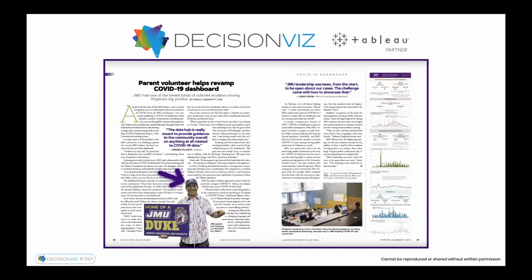They had a lot of data, right? There's a lot of information flowing in about COVID, and they have a lot of different people they were trying to communicate to. They have students, parents, donors, faculty, the government. There's a lot going on, but they didn't really think about the message and how they wanted to communicate it. It was, we have data, let's make a bunch of charts and get them up on a dashboard.